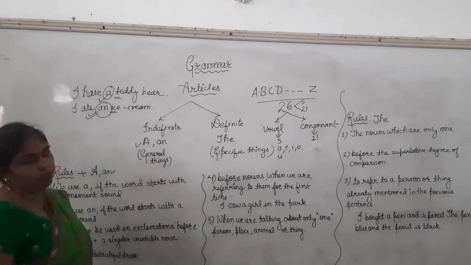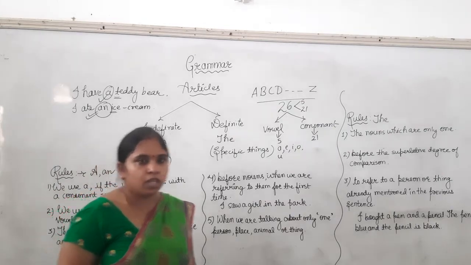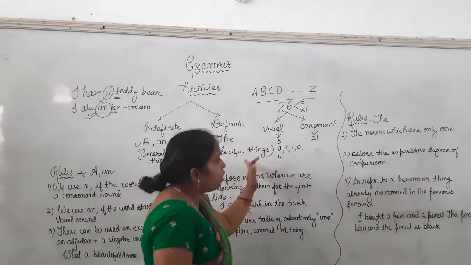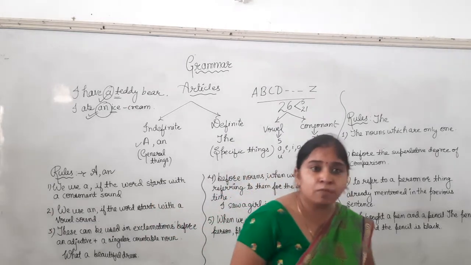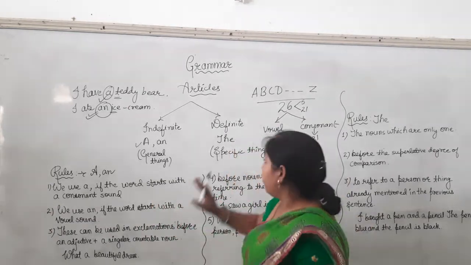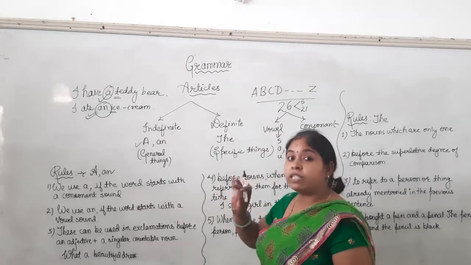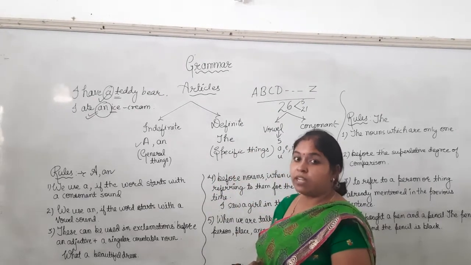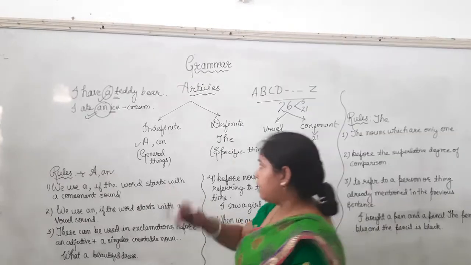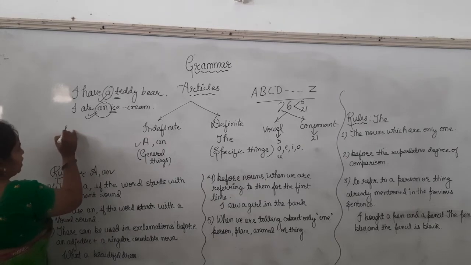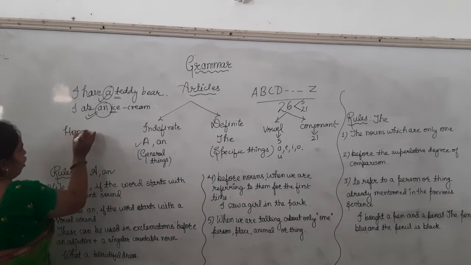Now students, when we are discussing vowel and consonant sounds, some exceptions are there. Means at some places this rule doesn't apply. How? I will tell you. Suppose the word is honest.